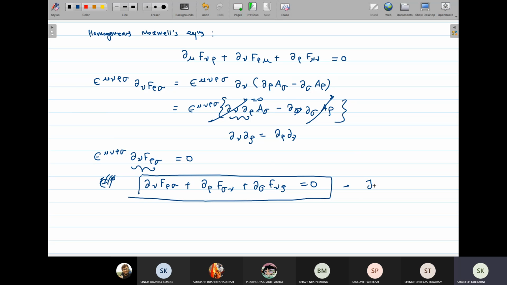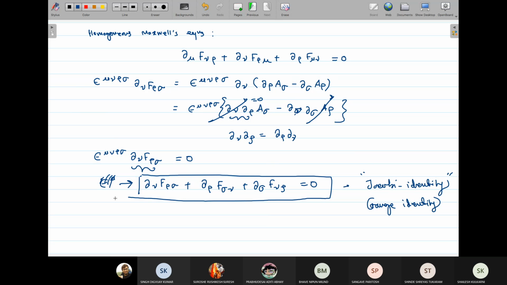It's called Jacobi identity. It's general. It's not invented by Jacobi, but it's still called Jacobi identity. Sometimes it's called gauge identity also. It plays a very important role.